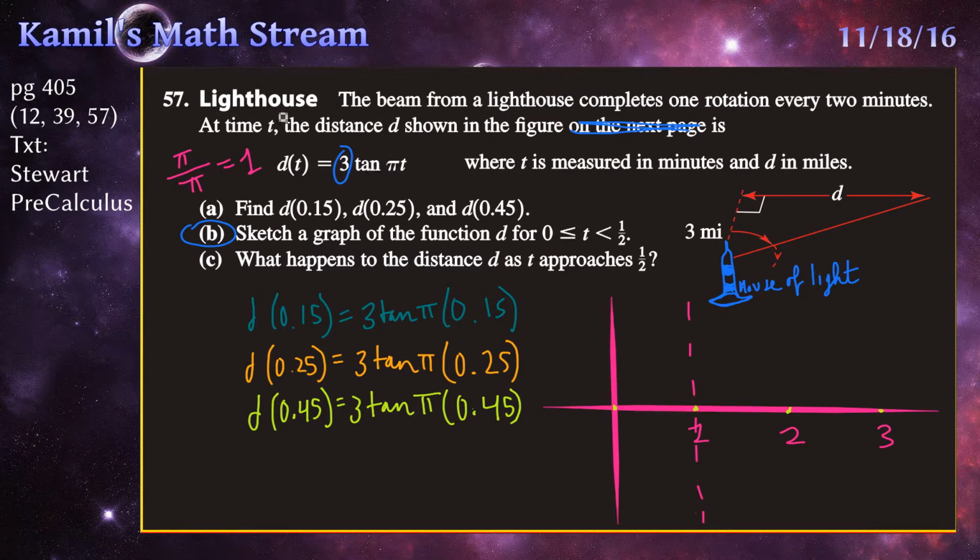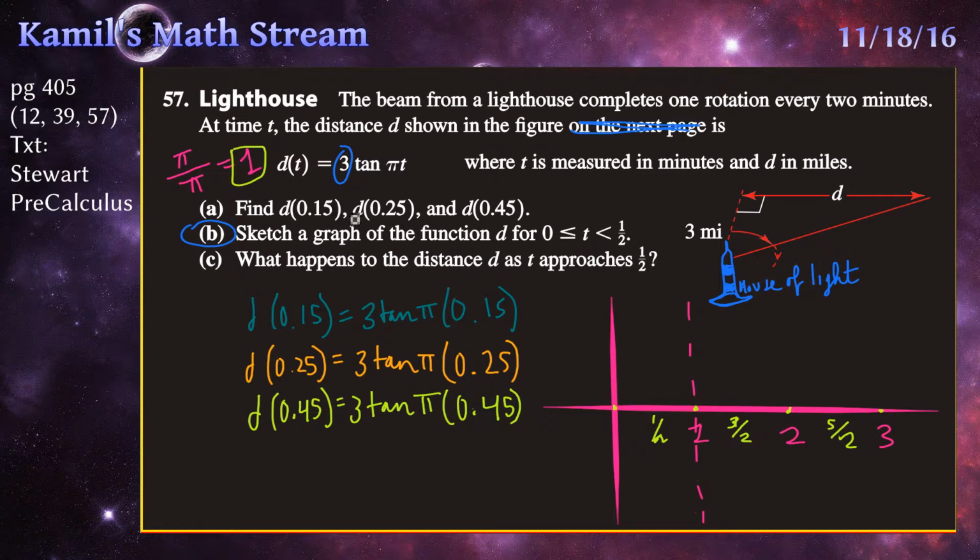Why is that? Because the period is 1. That would mean our asymptotes have to be in the middle, which would be 1 over 2, 3 over 2, and this would be 5 over 2.